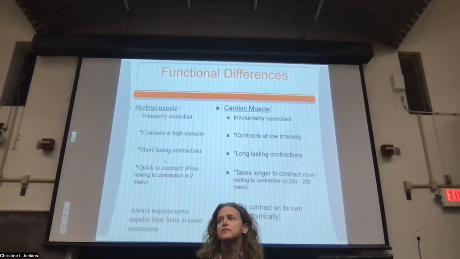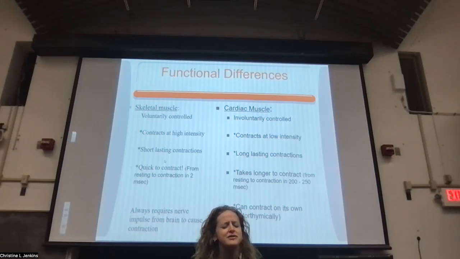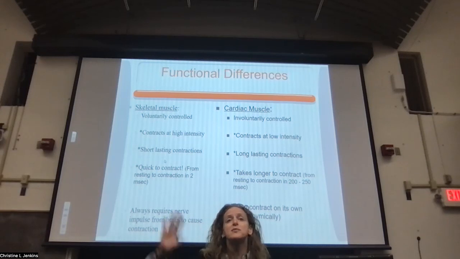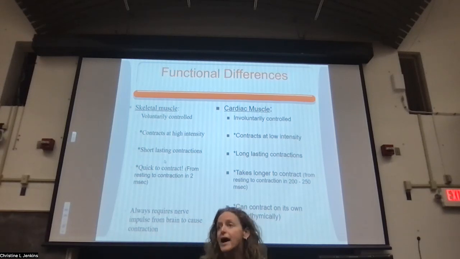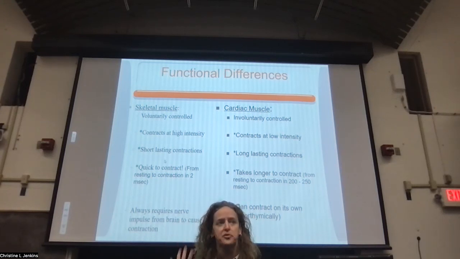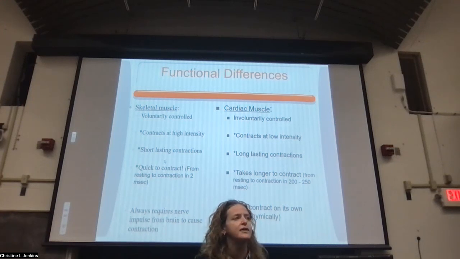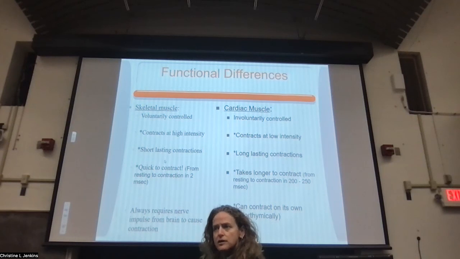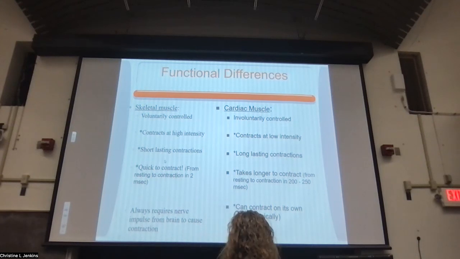That is an example of autorhythmic contraction in the heart. We'll talk about it more in A&P2. That's only possible in cardiac muscle, where it doesn't have to have the traditional nerve impulse from the brain. Only about 1% of the myocardium in the heart is autorhythmic. But that is only a characteristic of cardiac.